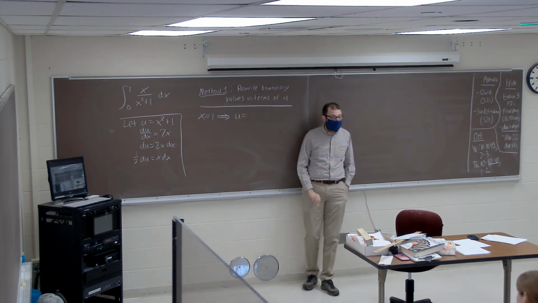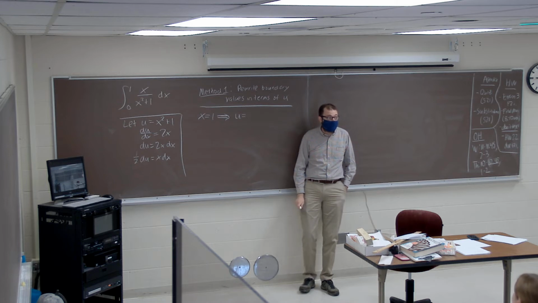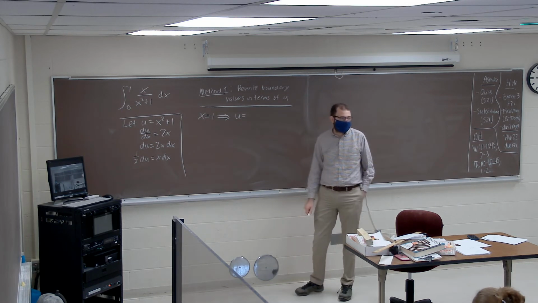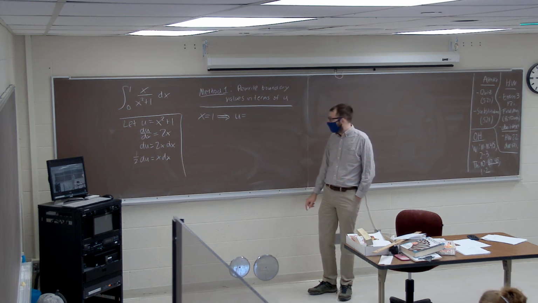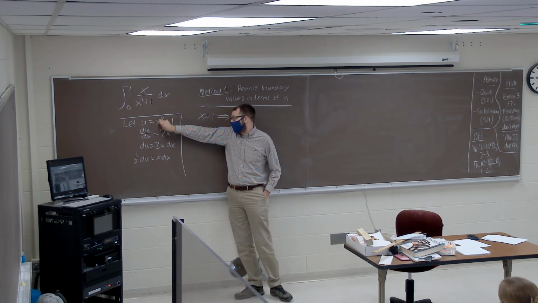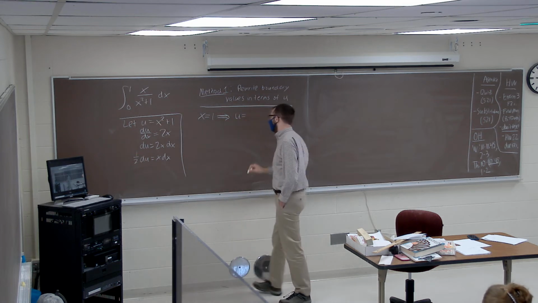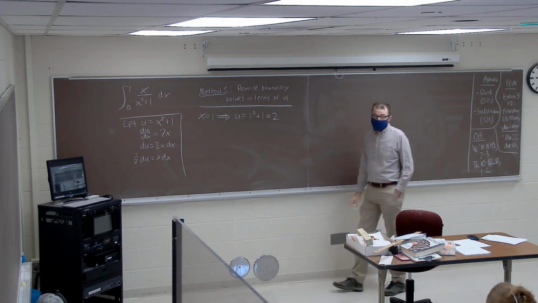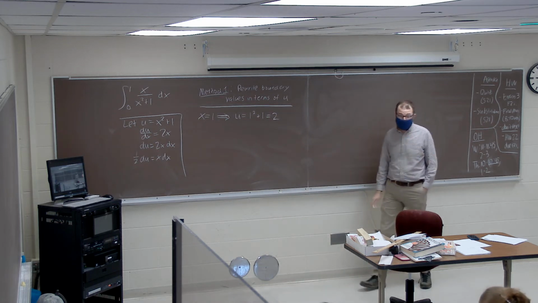So if we're looking at a value of x equal to 1, what would the value of u be at that point? 2. How'd you get that? X squared, you plug in the 1 for x squared, you get 1 plus 1 equals 2. Yeah, if x equals 1, we can just plug 1 into this equation to solve for u, and we'll get u is going to be 1 squared plus 1, which is equal to 2 at this point.